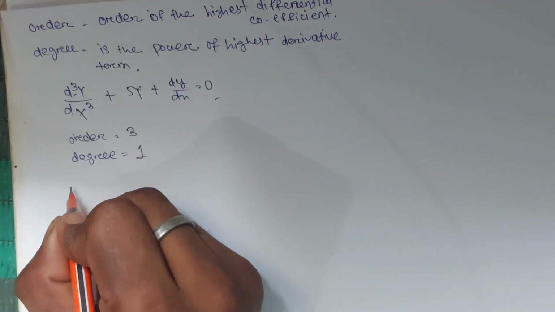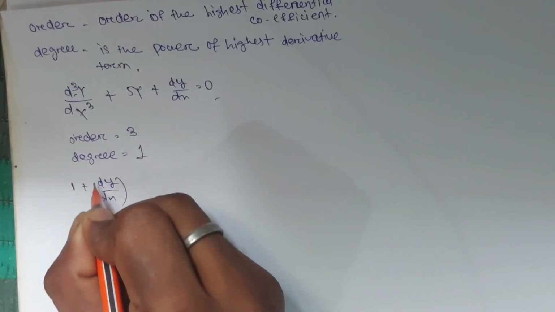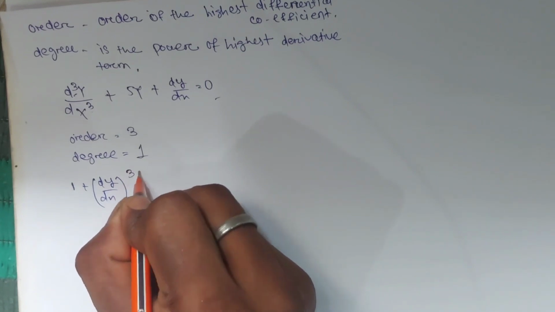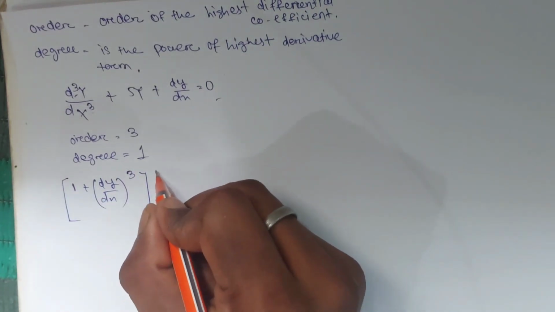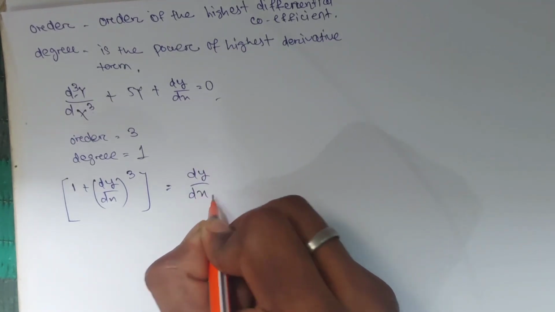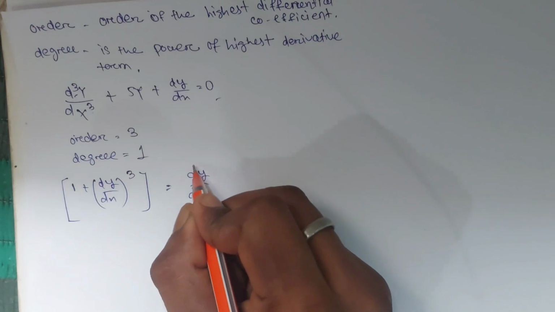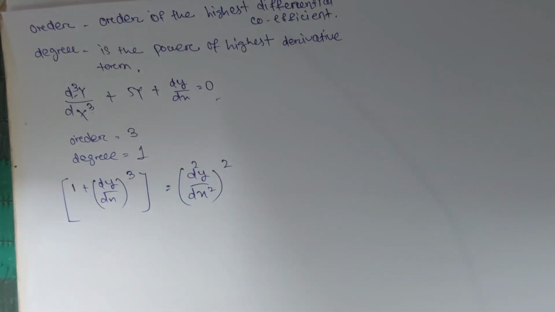And if we take another example, like 1 plus dy by dx whole cube equal to d square y by dx square, if we take the square, right?